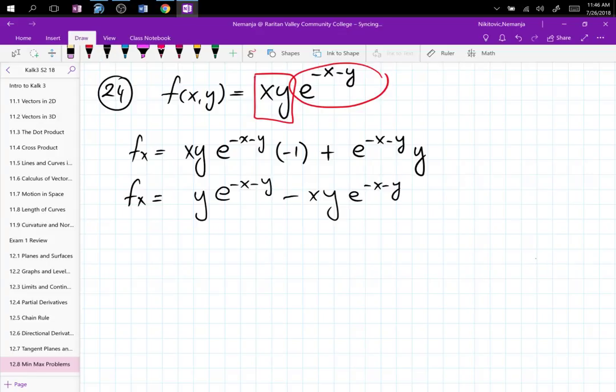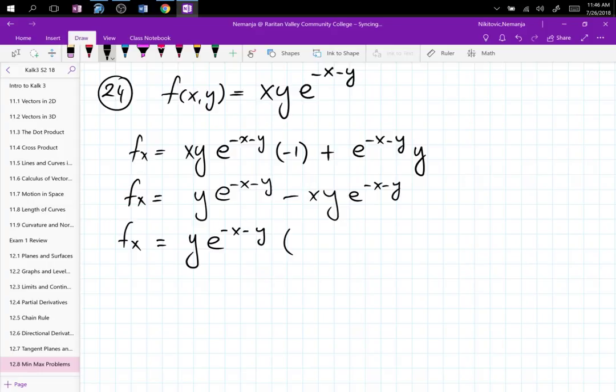Now it's very important to factor, right? You factor because you need to set each one of those equal to 0. So fx is equal to, I can factor out y e to the negative x minus y, and what's left is I factored out everything from the first term, so that's 1, and in the second term only x survives because y is factored out.